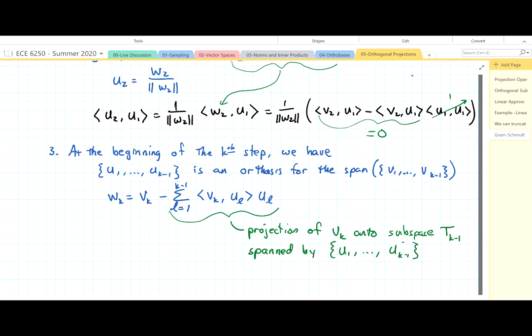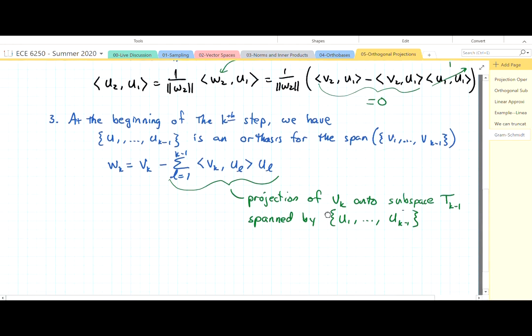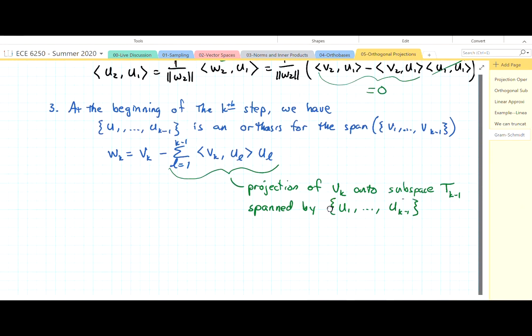So in other words, we're finding the part of vk that is not explained by the previous v vectors.